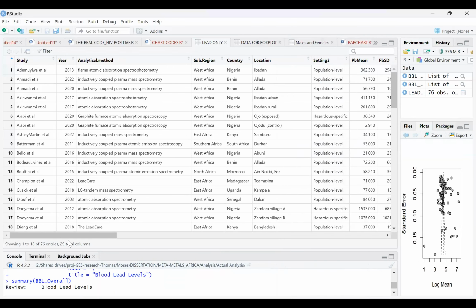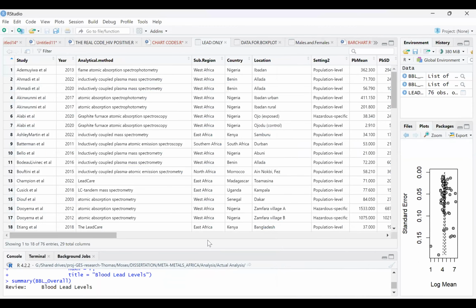All right. So you can see the structure of the data now. You have the study here, one column.